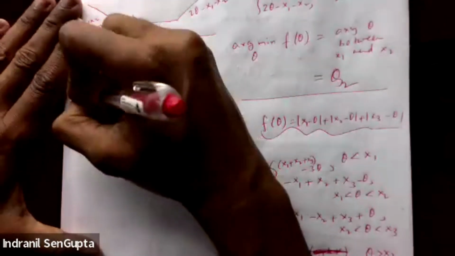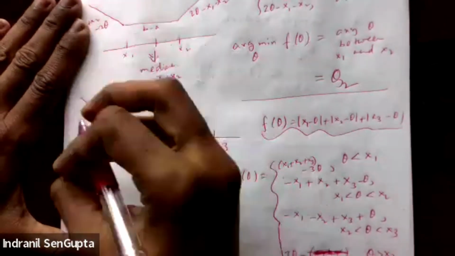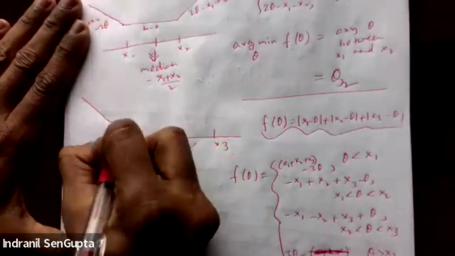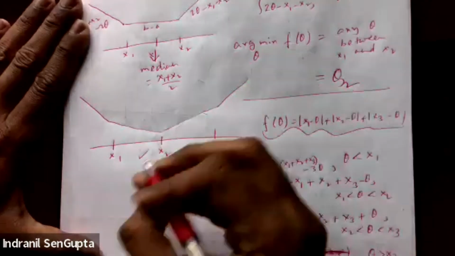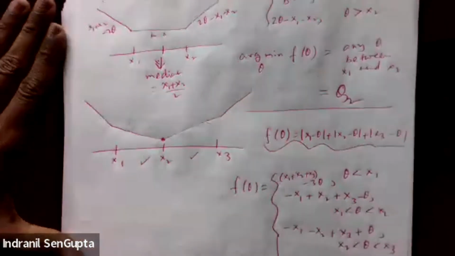In particular, this picture will look like this. First it will go down like this, then further down, then it will go up, and then further up. My drawing is not good, and it is symmetric only if x1, x2, x3 are symmetric; otherwise it will of course be asymmetric.